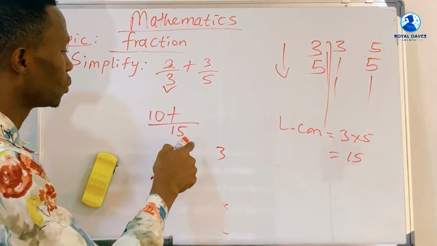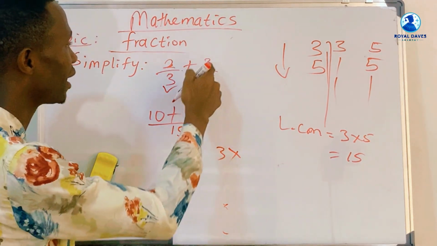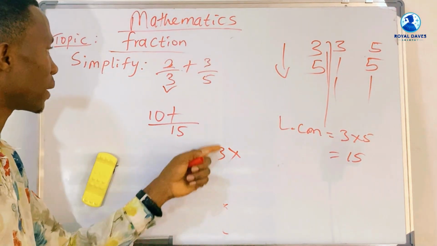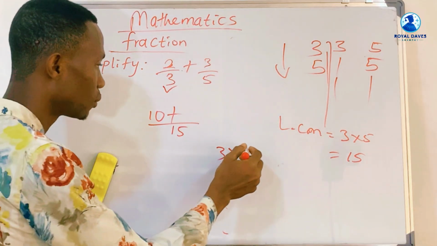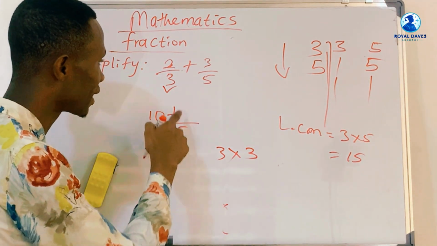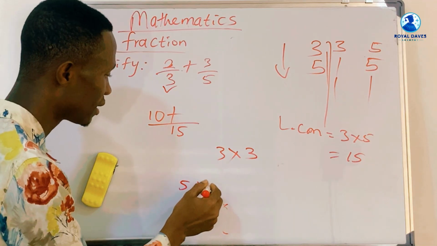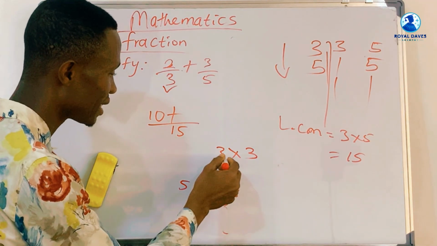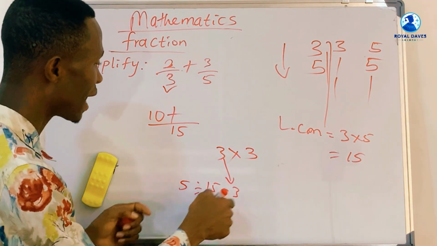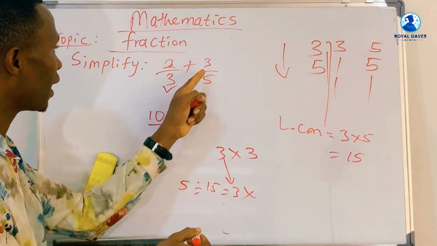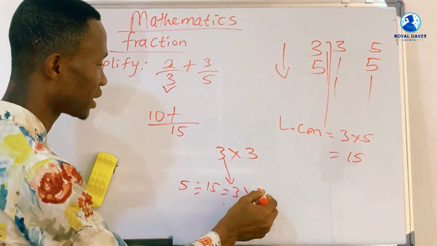So what do we do? Say that 3 multiplied by the top number here. That is this 3. 5 divide 15 will give you 3. Then we'll multiply it by the top number here, which is 3.